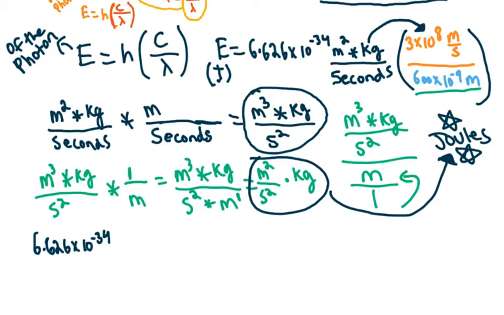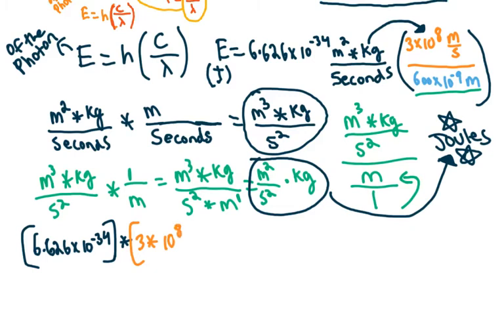So 6.626 times 10 to the negative 34th times 3 times 10 to the 8th.